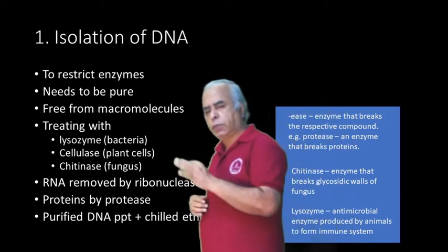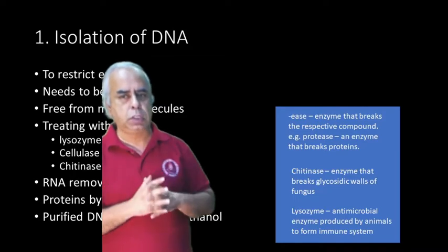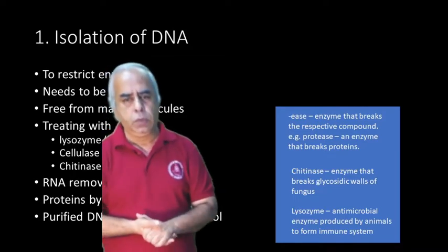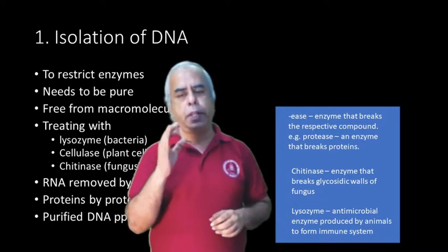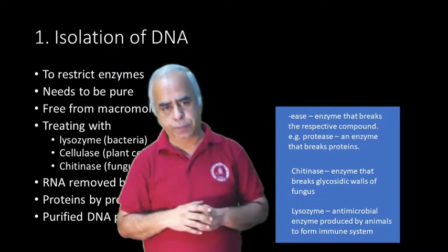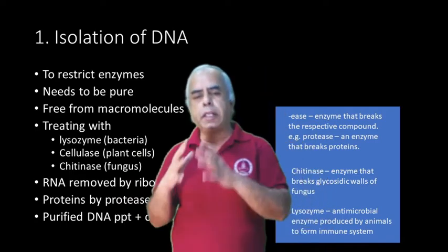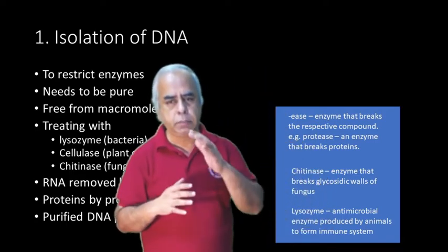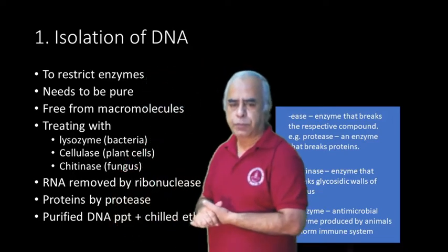Usually the suffix ase represents an enzyme that breaks the respective compound. For instance, protease is the enzyme that breaks proteins. Similarly, cellulase is the enzyme that breaks cellulose, that is the plant cell wall.